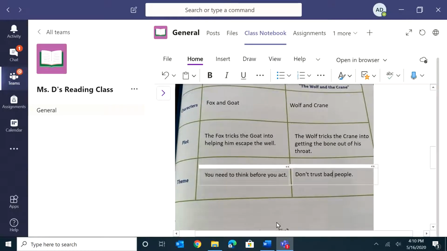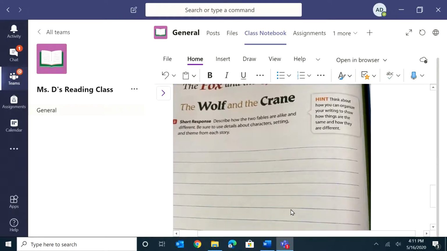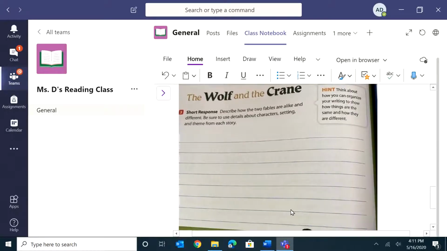And this is going to help us do our writing on page 374. So I can look at this chart to tell me how the fables are alike and how they are different. If I look at page 374, it says, describe how the two fables are alike and different.